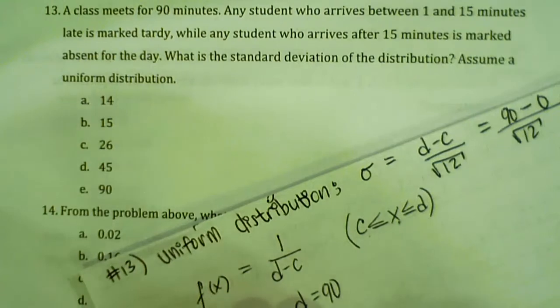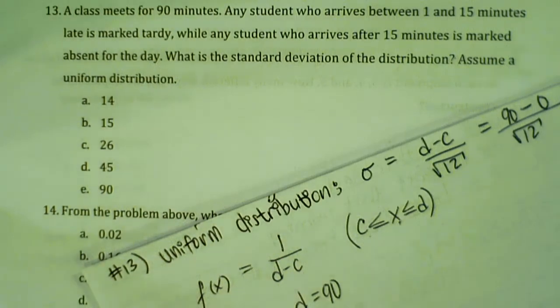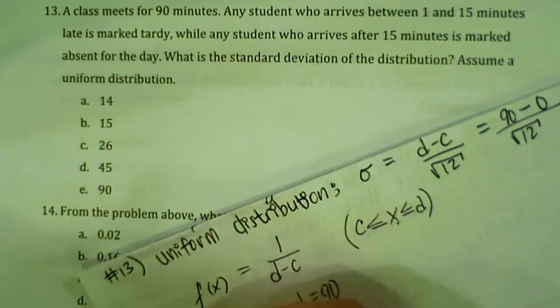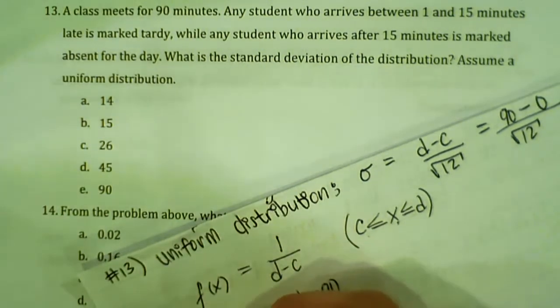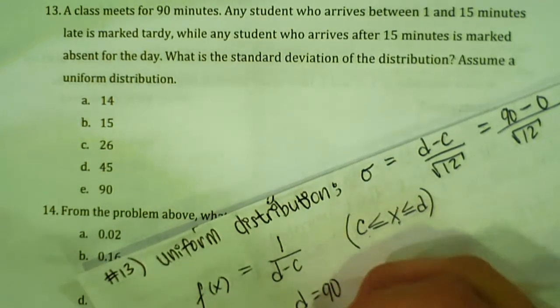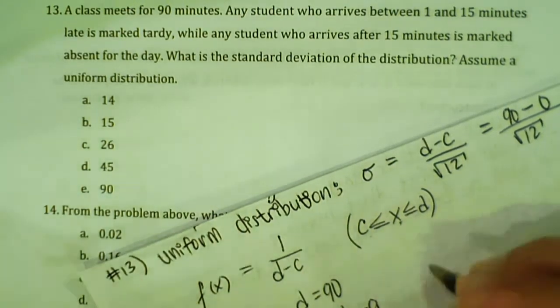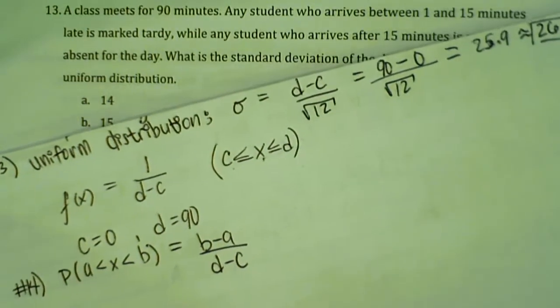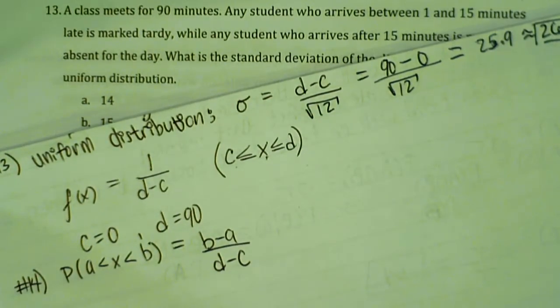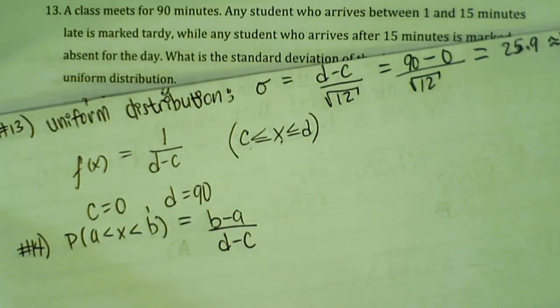So there's another formula. Number 14. If you want to find the probability of x being greater than A but less than B, then it would be B minus A over D minus C. So in this case, what would be A and what would be B? 1 and 15.